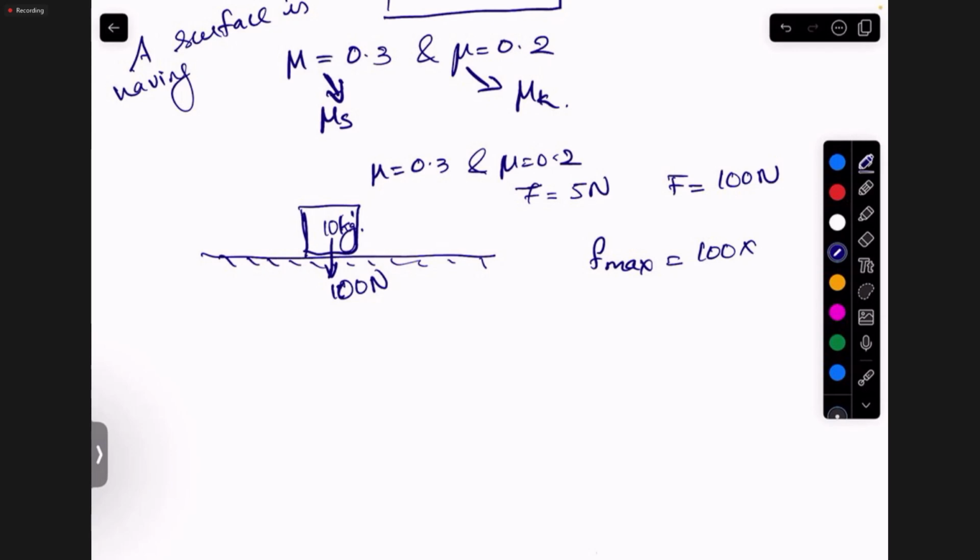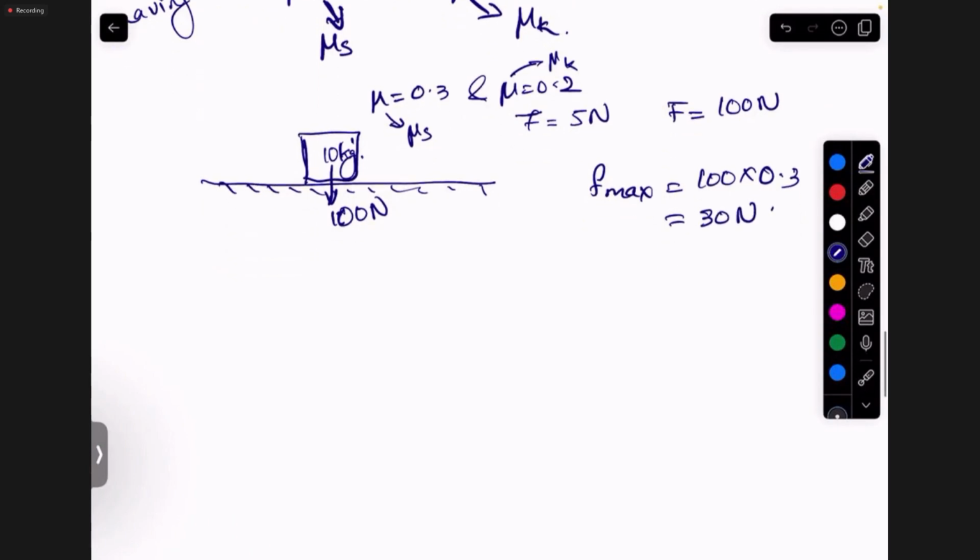You will get to know that the larger one will always be mu s and the smaller one is always mu k. So I'll take the mu s value as 0.3, and that is 30 Newton. Okay. So if I apply 5 Newton, F max can go up to 30 Newton.